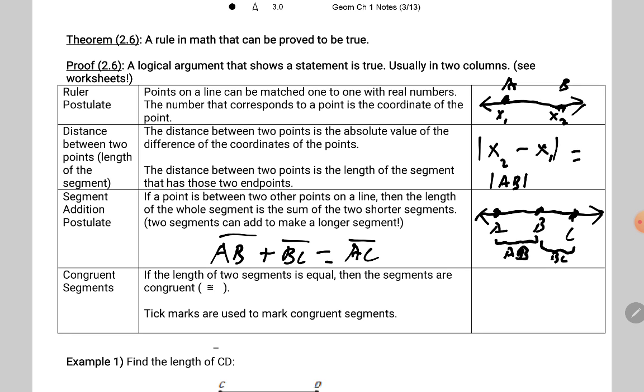Congruent segments. So this symbol here is an equal sign with a squiggly on top. Equal sign with a squiggly means congruent, and it means the two segments are equal. Same size or same length.